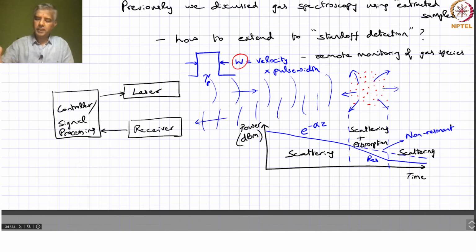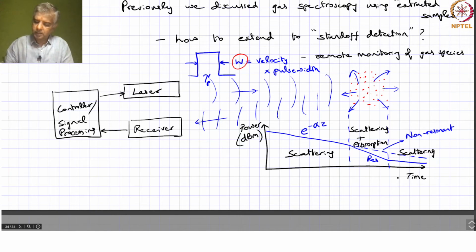So the key to all of this is, and one thing you want to note here is we are doing this as a function of time, and what we are really interested in is this absorption as a function of distance. So you need to convert this time to distance, and that we know.